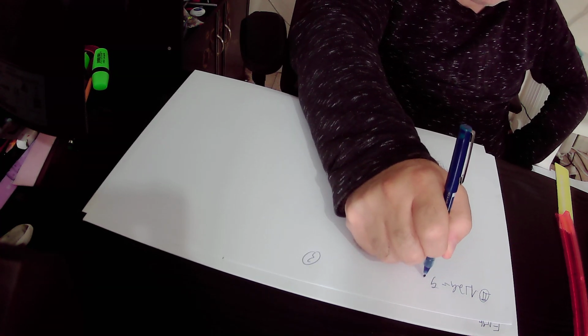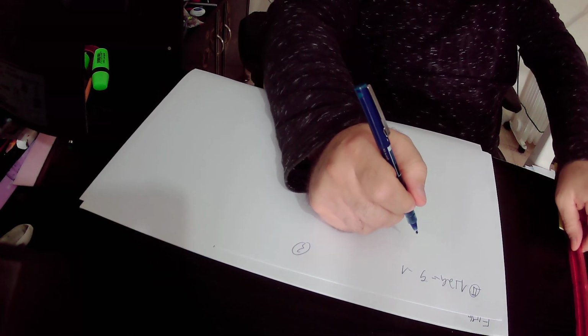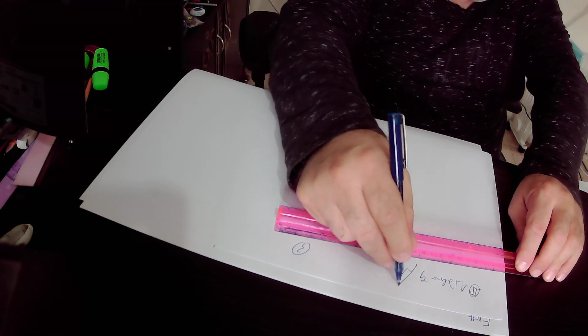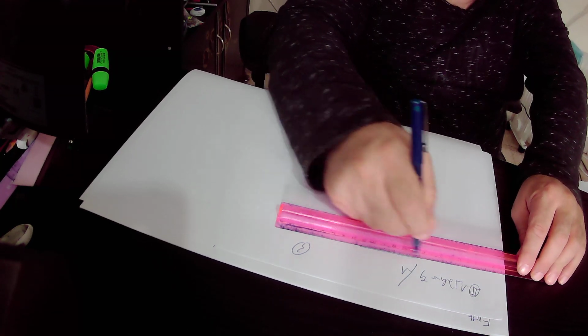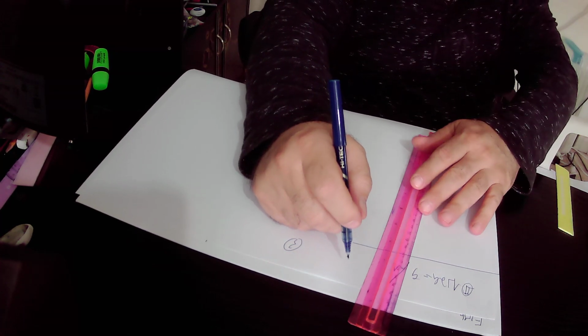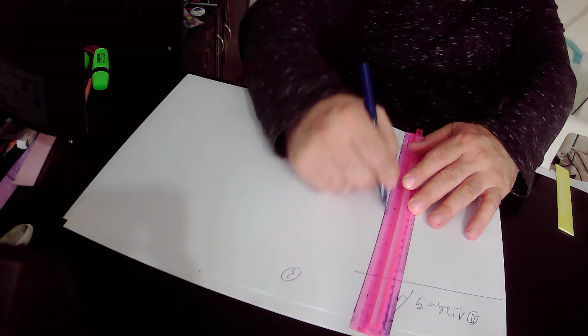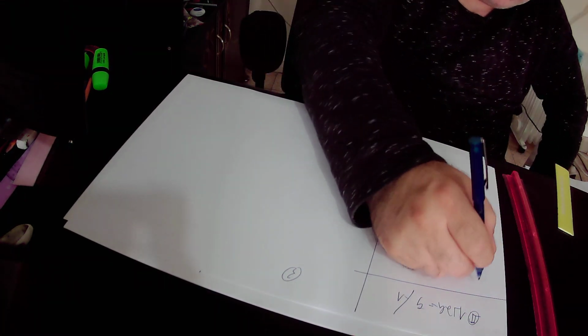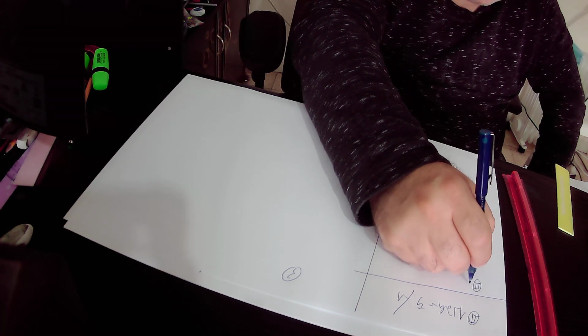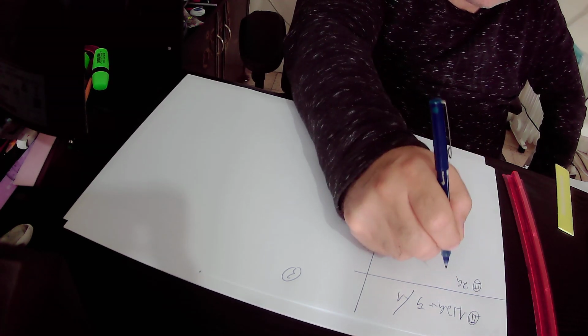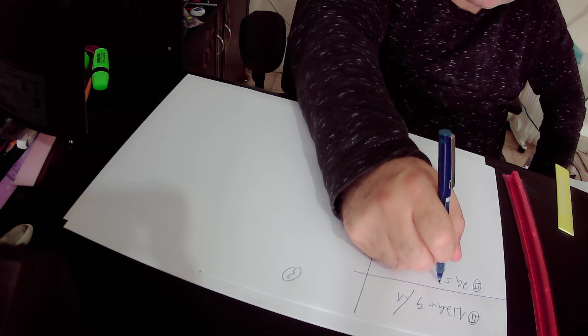Here we'll subtract 1 from this equation, and we'll get that 1 minus 1 is 0. So here we are left only with 2A, that is equal to 9 minus 1, that is 8.